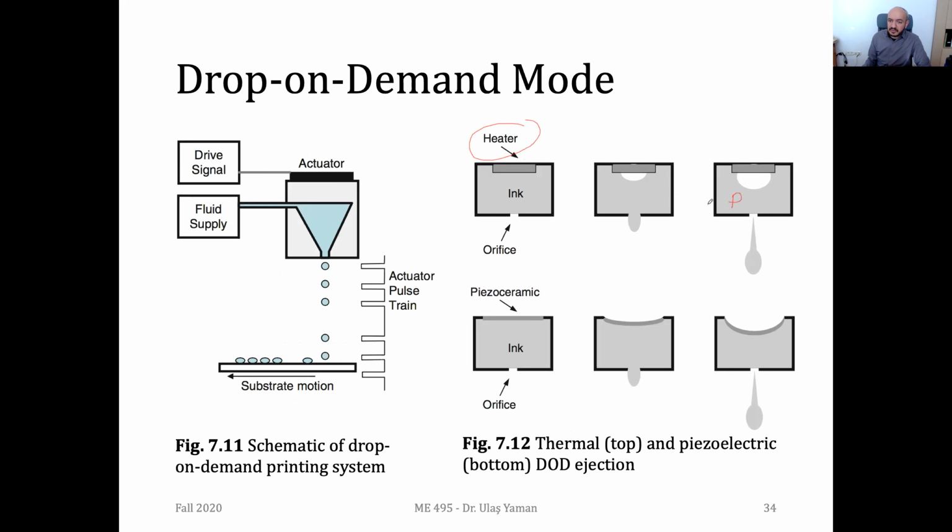With the help of this pressure, we will have a drop generated, and this is done in less than a microsecond. We can also do it with a piezoceramic type of material here, but this time it is actuated with an electric source. Once it's actuated, again, we will have pressure develop here and a drop generated.